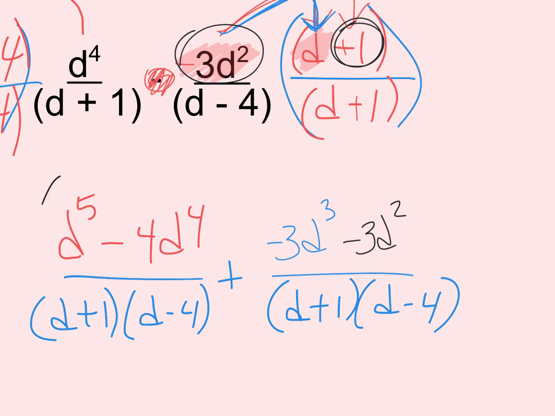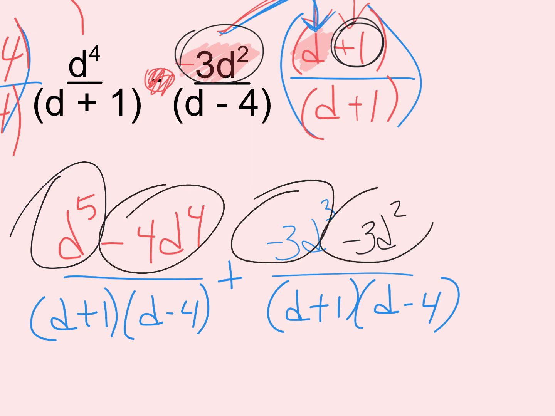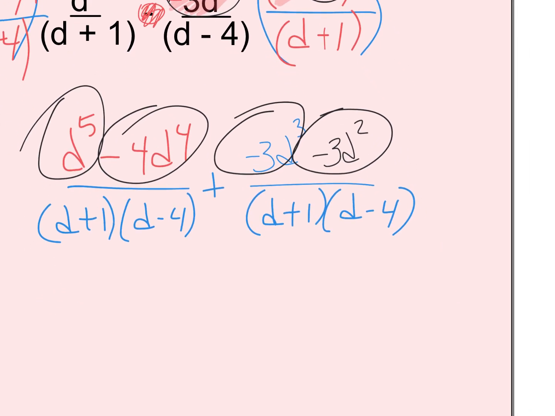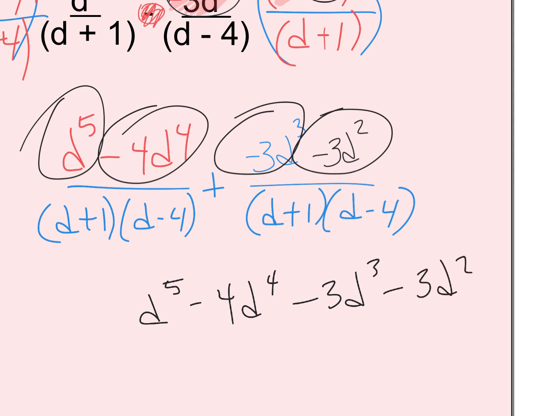And now that's a 5th and a 4th and a 3rd and a 2nd, and they're all in order, which is awesome. So that's my answer. D to the 5th minus 4D to the 4th minus 3D to the 3rd minus 3D to the 2nd. That went in descending order, just like it's supposed to.